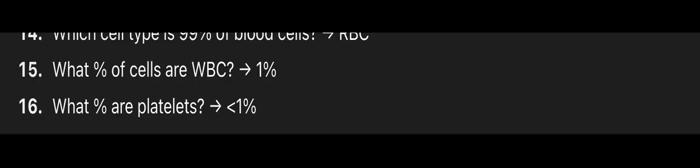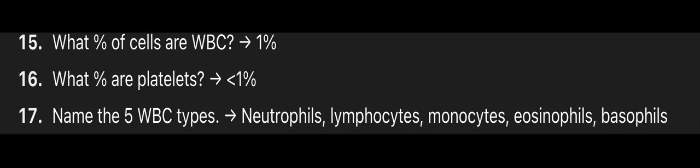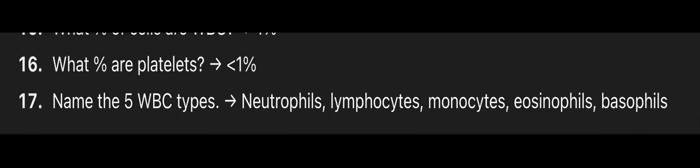Platelets make up less than 1% of cellular elements. Go ahead and name the 5 white blood cell types. Neutrophils, lymphocytes, monocytes, eosinophils, and basophils.